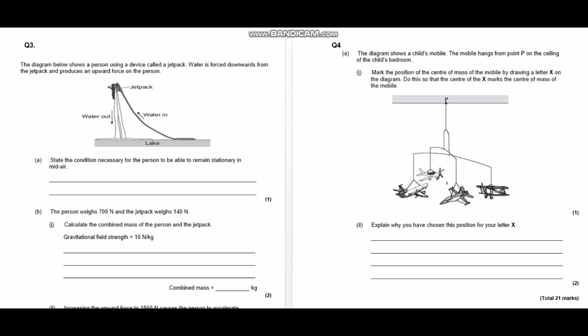So I've drawn it there, and it's also in the centre of mass in the middle of the aeroplanes, on the same level as the aeroplanes.